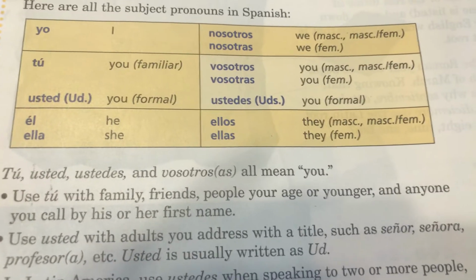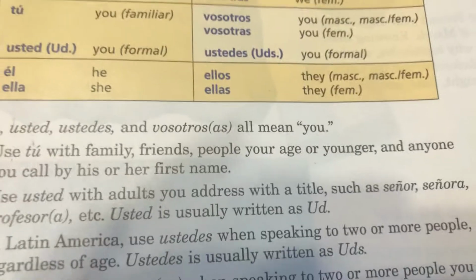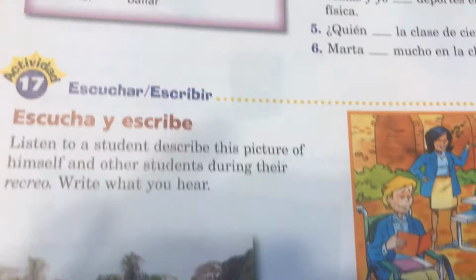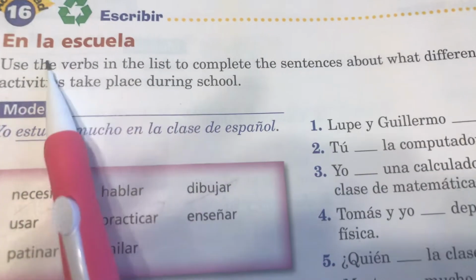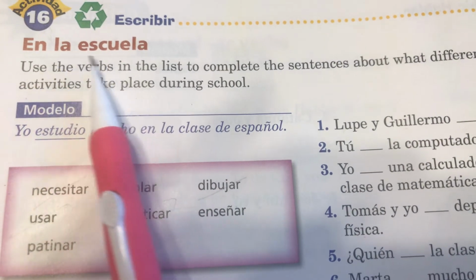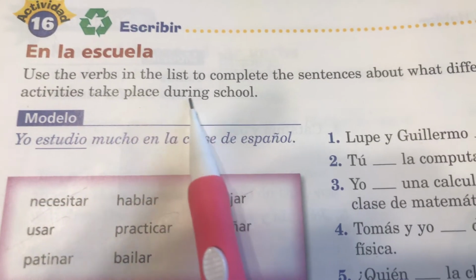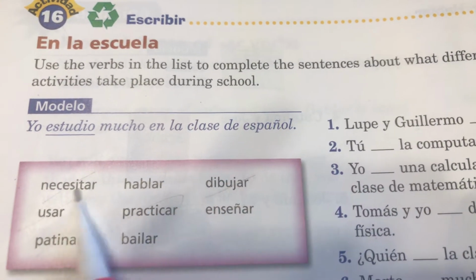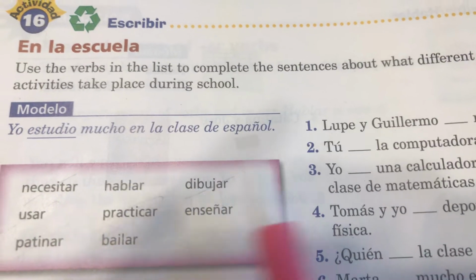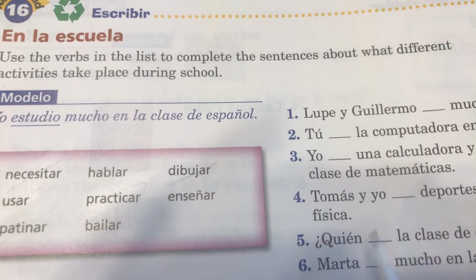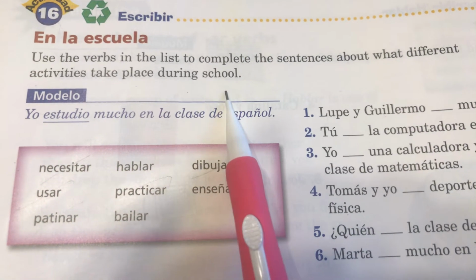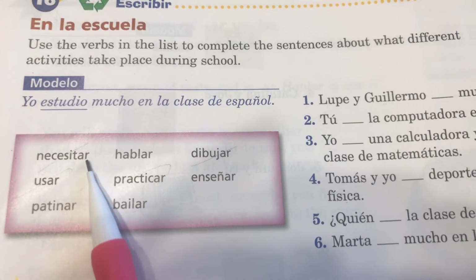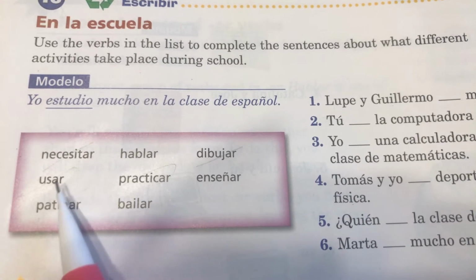So if we go back to actividad 16, it says, en la escuela, at school. Use the verbs in the list to complete the sentences. So these verbs right here, to complete the sentences about what different activities take place during school. And so we know that these are infinitives because they end in what?